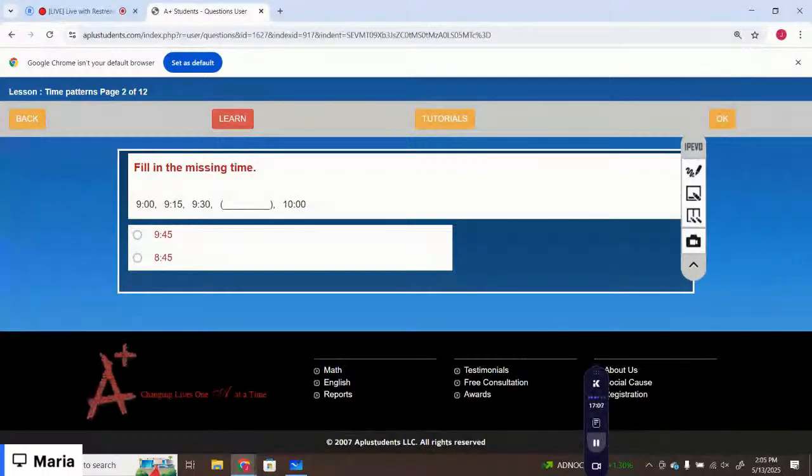Fill in the missing time. 9:15, 9:30, the missing time, and 10.